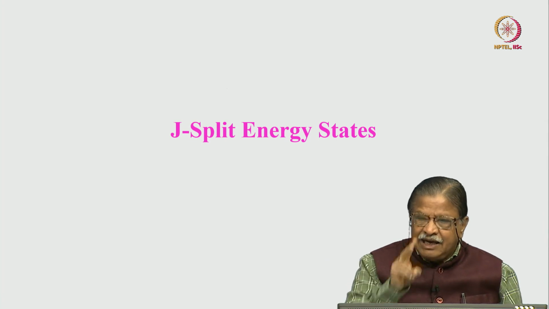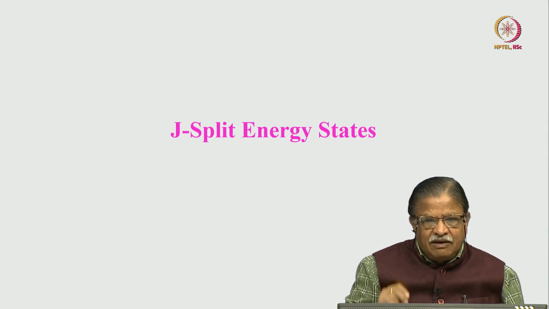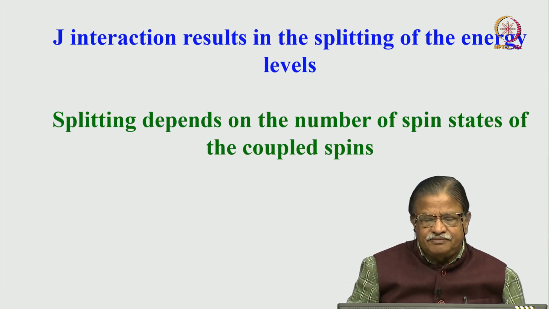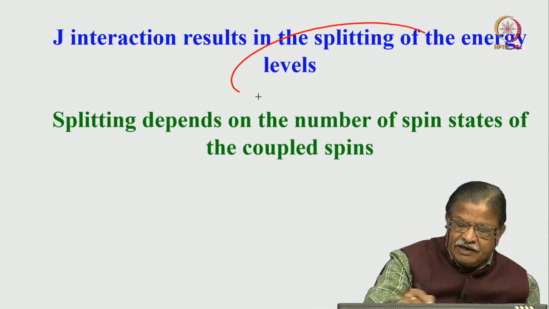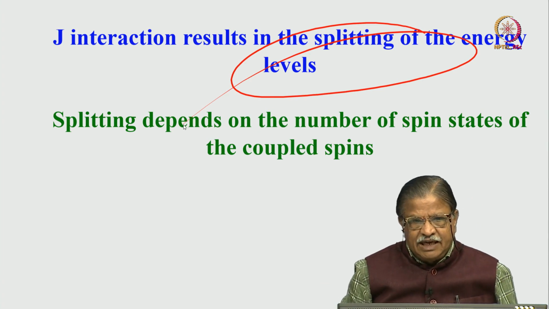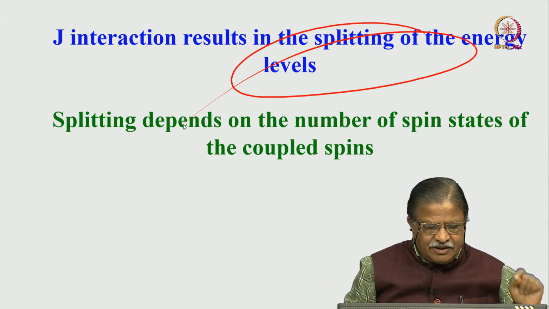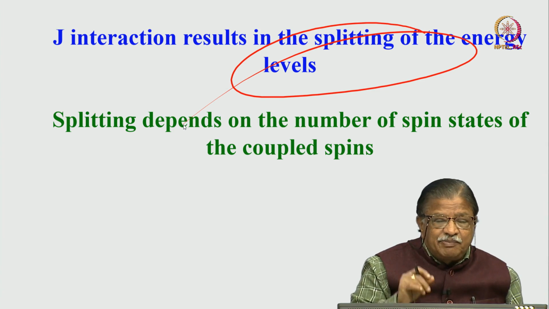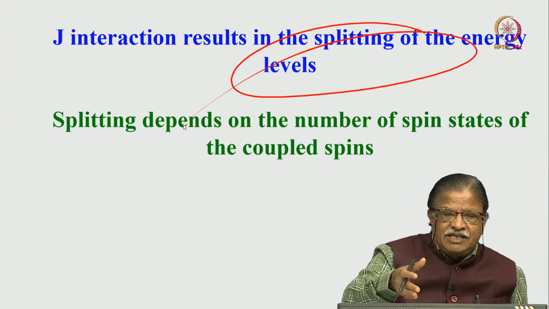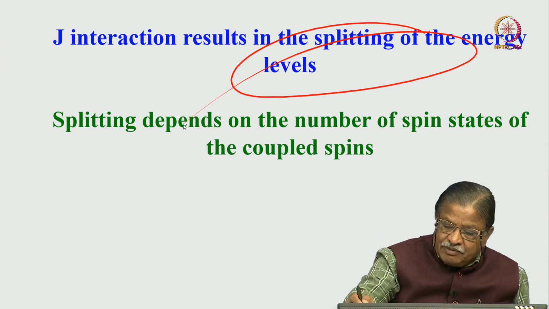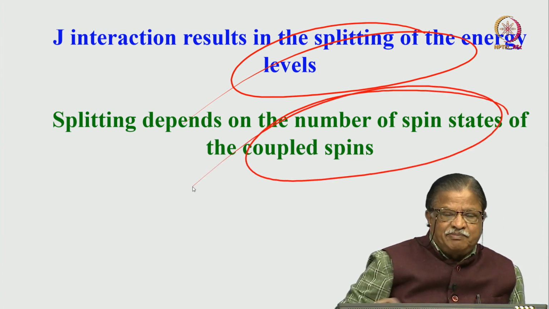We will understand this taking the example of two protons which are coupled between themselves. The J interaction always results in splitting of the energy levels. How the splitting takes place, how one energy state will become 2, 4 or 8, depends upon the number of spin states of the coupled spins.